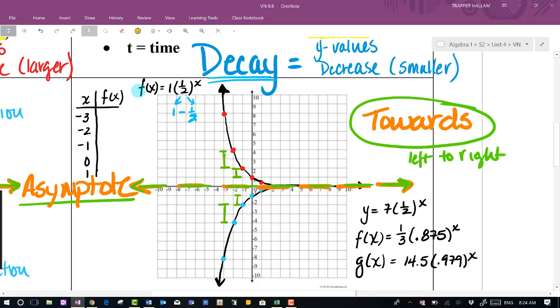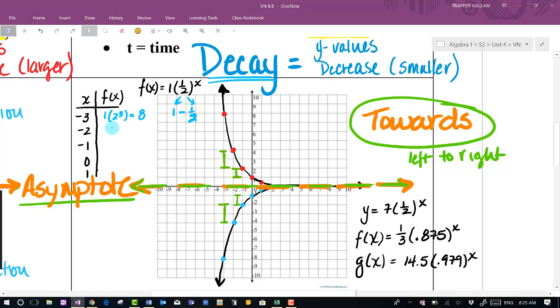So if we wanted to quickly calculate these points so you could see where they came from, if I put a -3 here, remember that tells me to move the positions, so I'm going to switch those, which would give me 1/2, and then it's cubed. Don't forget to cube it because it was a -3 going in. So it's 1/2 cubed, and that's going to equal 8. That's why when we put in -3 here, it goes up to 8.